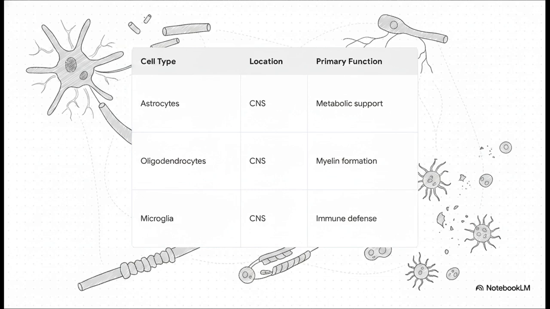They actively regulate extracellular potassium levels and tight junctions to maintain the highly selective blood-brain barrier. Next, oligodendrocytes, which are responsible for generating and wrapping the vital myelin sheath around CNS axons. And finally, microglia. Uniquely derived from embryonic macrophages rather than neuroectoderm, microglia are constantly patrolling the CNS parenchyma. They actively phagocytose cellular debris and mediate the brain's innate immune and inflammatory responses.